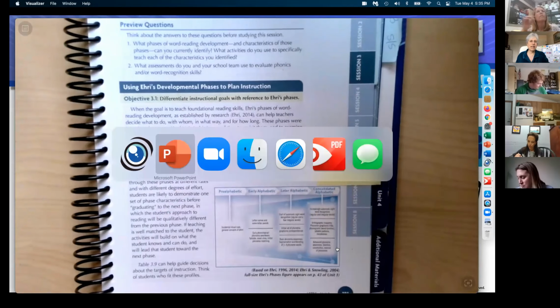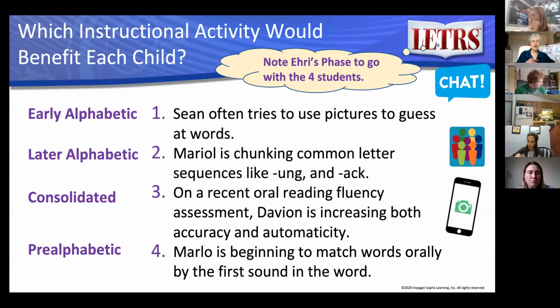And so your conversation in noting that Marlowe's beginning to match words orally by the first sound. Matching is different. Matching is just saying he's getting that foundational beginning process at that pre-alphabetic to early alphabetic. Remember, this isn't going to be a pure environment, but if the student is just at that early stage, is beginning to match words orally, then I'm going to build upon that.